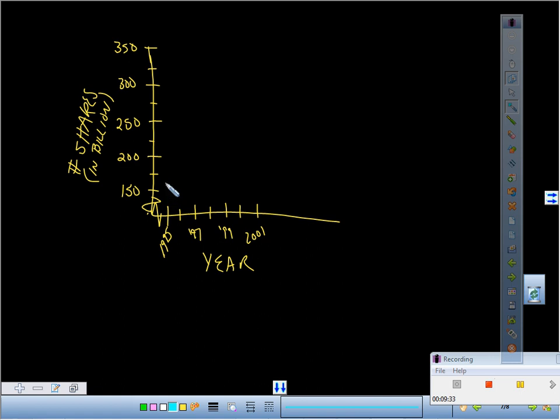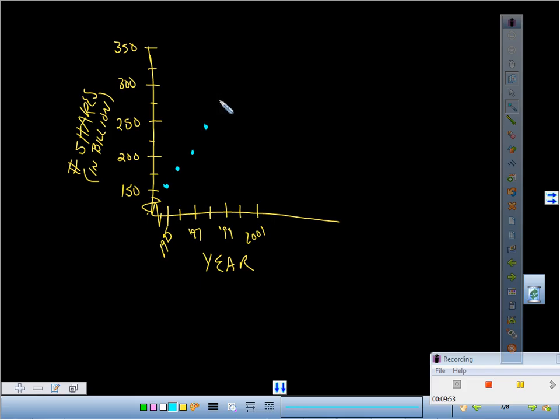1995 was 154.7. 1996 was 176. 1997 was 207.1. 1998 was 239. There's 25, 39. 1999 was 280.